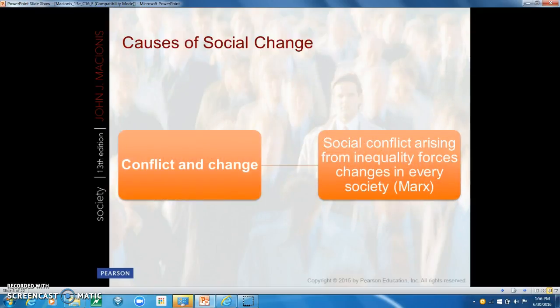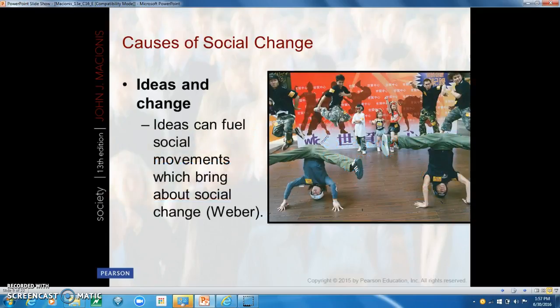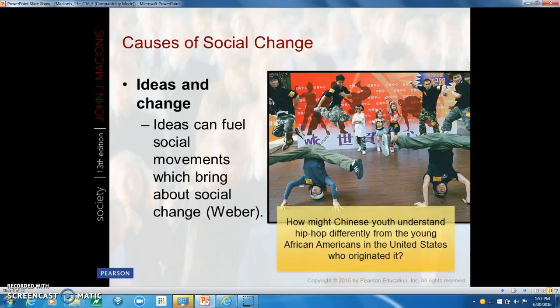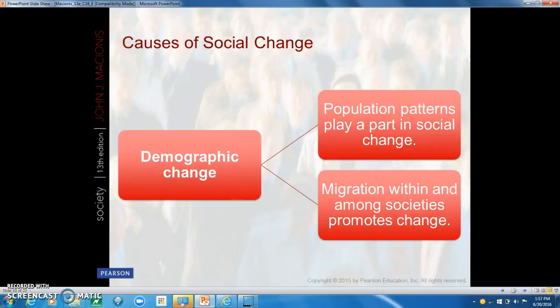Conflict and change, certainly social conflict arising from inequality forces changes in every society. We've got ideas and change. Certainly ideas can fuel social movements which bring about social change. Demographic changes.